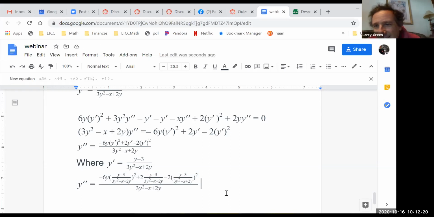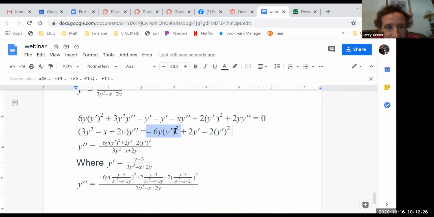How did I get negative 6y y prime squared? This guy here? So that came from here, and I just subtracted it. Does that make sense?